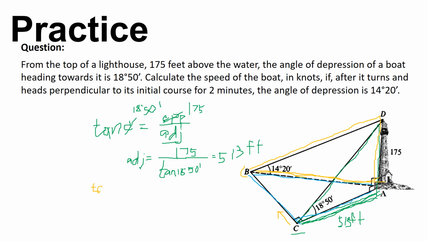Tangent of 14 degrees and 20 minutes is equal to 175 feet over adjacent side.